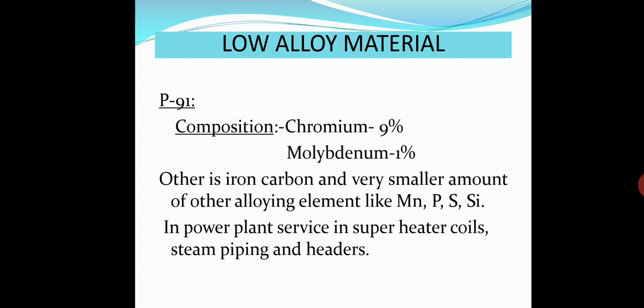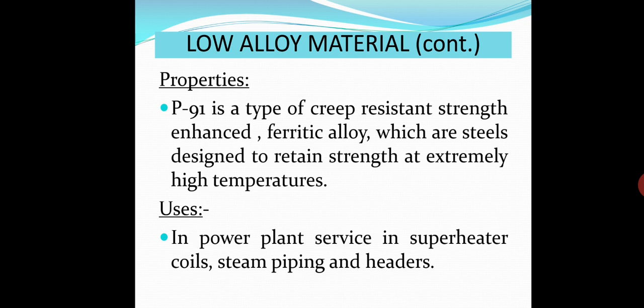In power plant service, this alloy is used in superheater coils, steam piping and headers. Properties: P91 is a type of creep resistant strength enhanced ferritic alloy, which are steels designed to retain strength at extremely high temperature. So this is the specific property of P91.